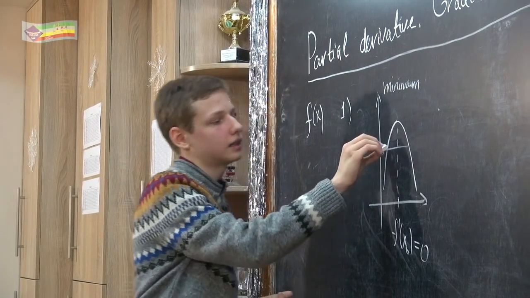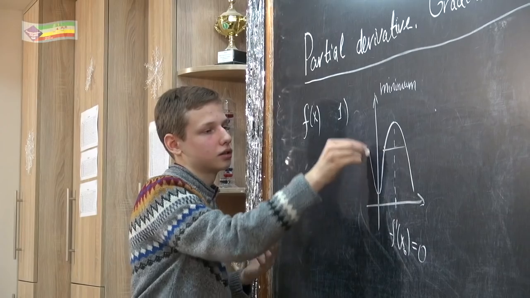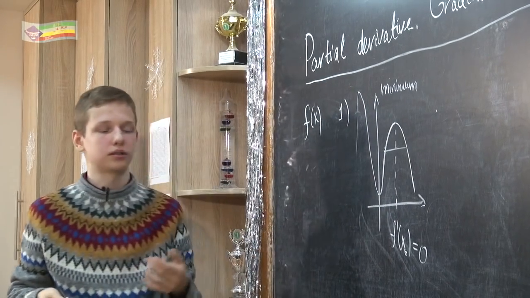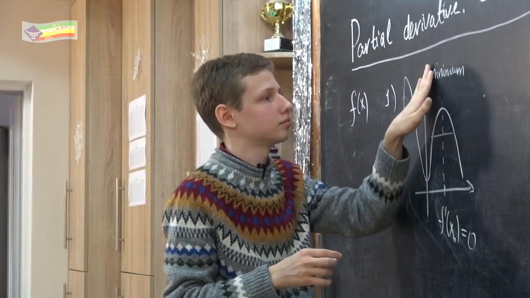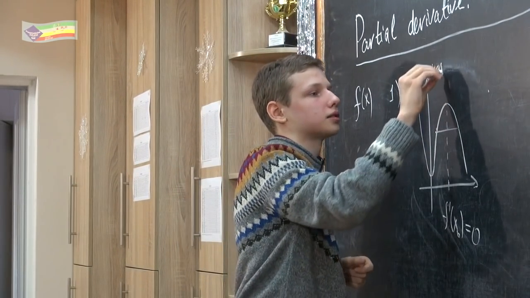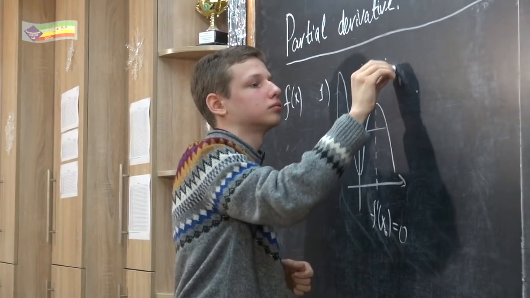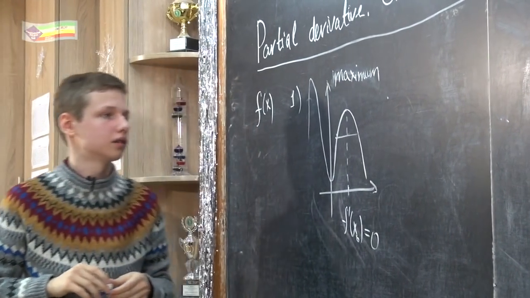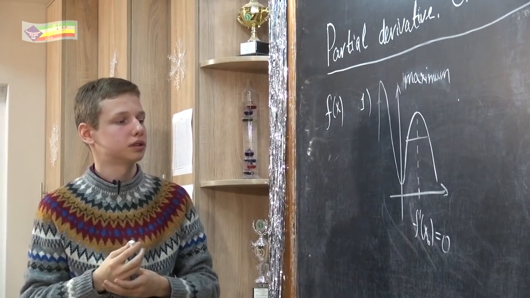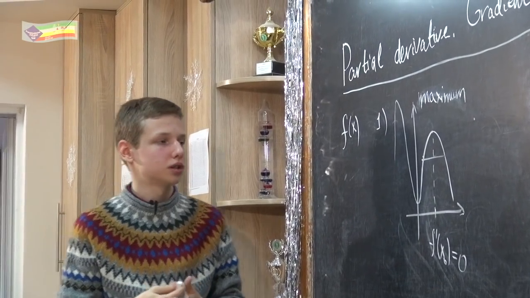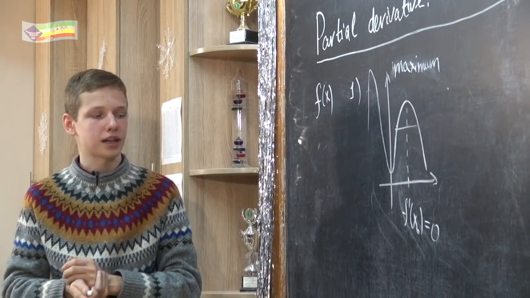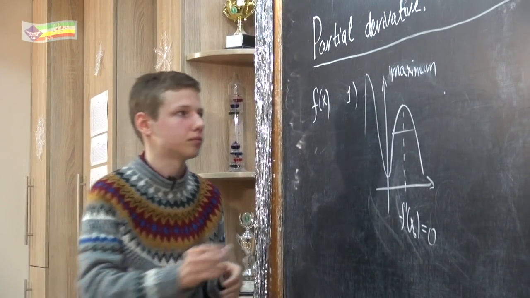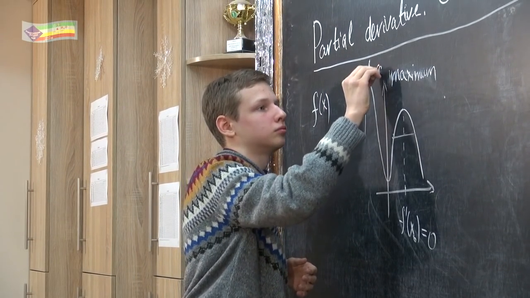Then, of course, the function can go up and down, but it doesn't really matter because we only consider this small region, and that's why this maximum is called local maximum.